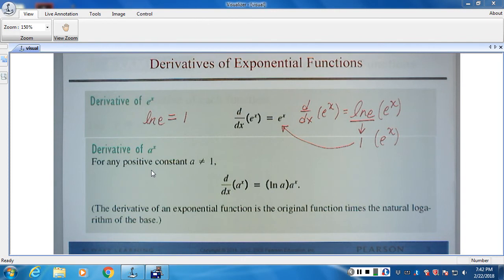So let's do some examples, and that's the reason that I put the rules on the board, and I did the same thing for the next section, which is going to be when we talk about logarithmic functions. We'll have a log base a function, and then we'll have a natural log function. And these are just inverses of each other. And if you notice here, when we come to the next set of rules, the derivative of any base logarithm of x is going to be 1 over x, and you're going to take the natural log of whatever that base is, just like you took the natural log of this base.